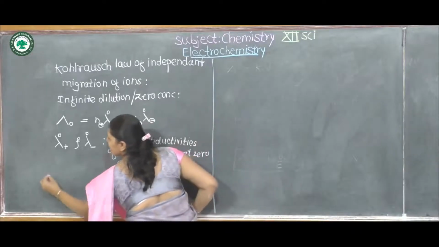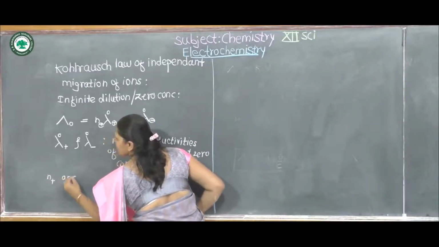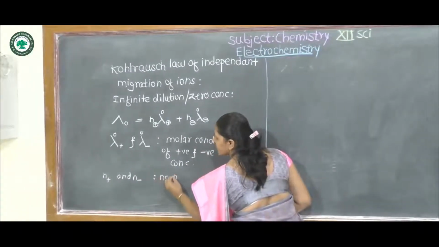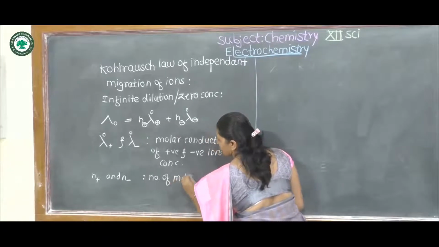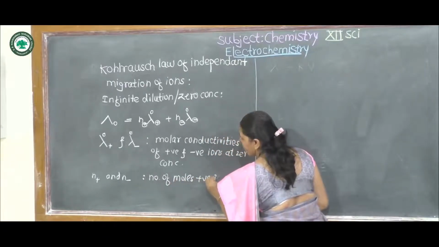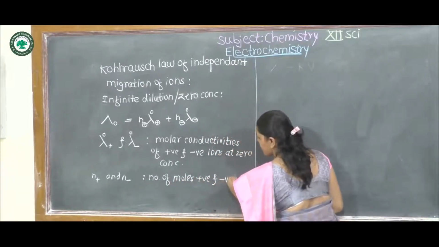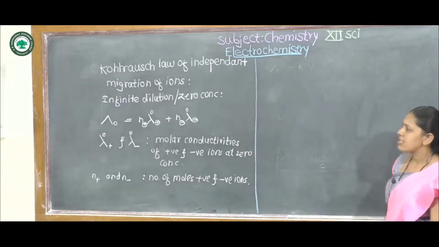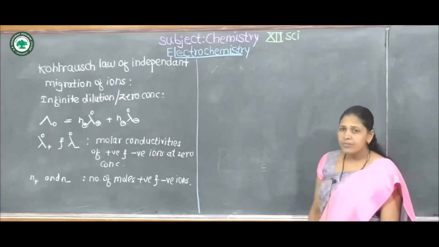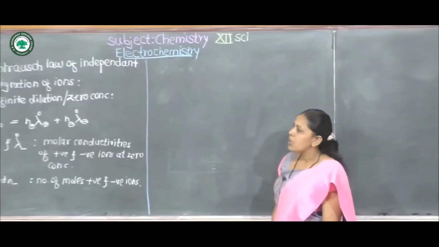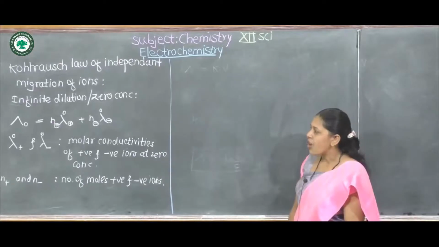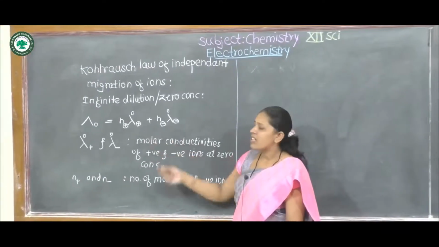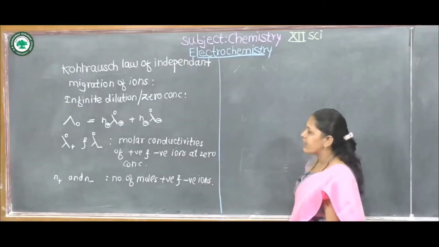N plus and n minus are the number of moles of positive and negative ions respectively. Total molar conductivity depends on both the number of moles of positive ions and the number of moles of negative ions.